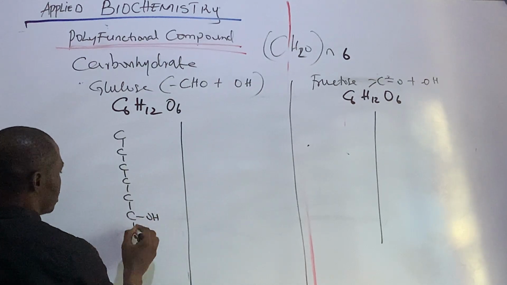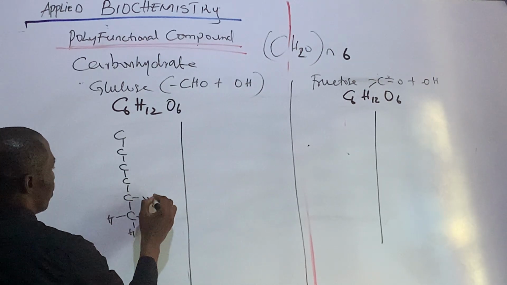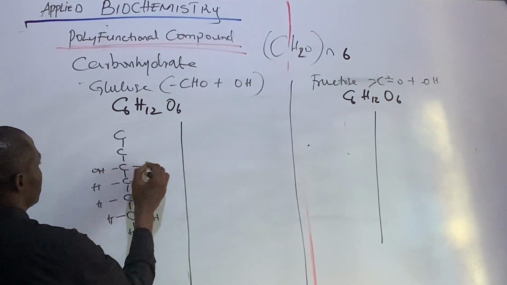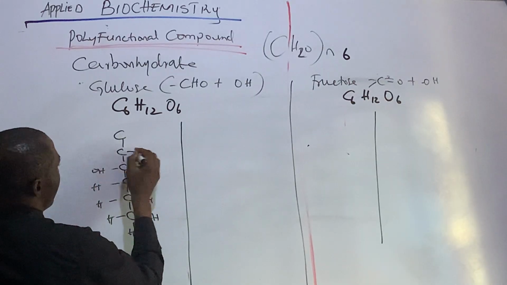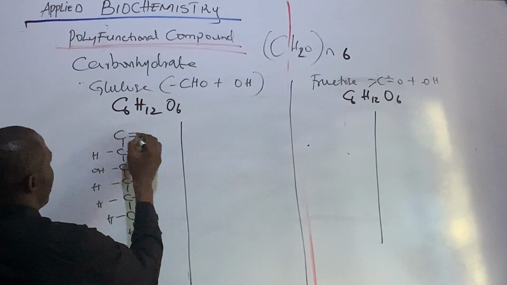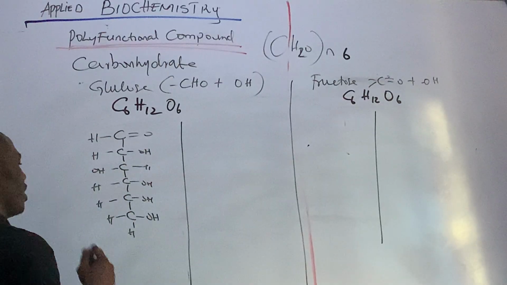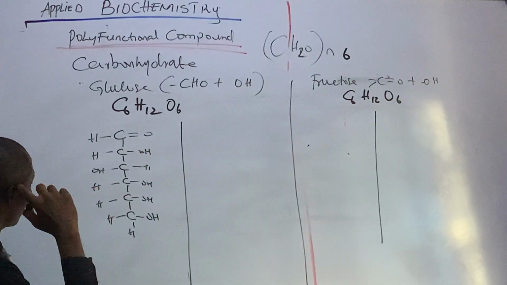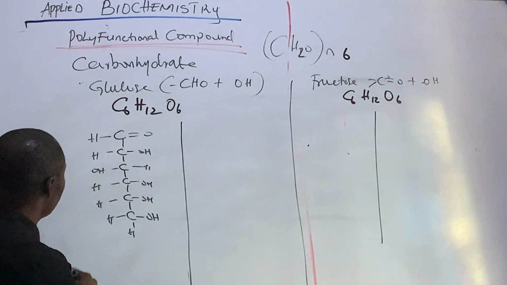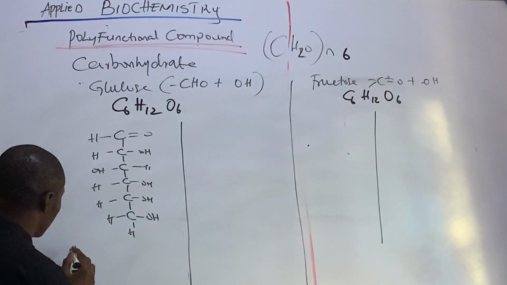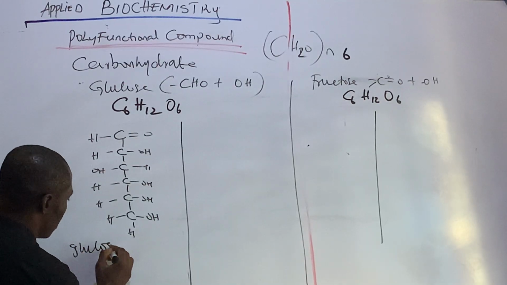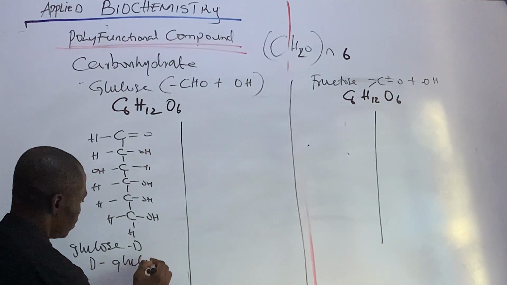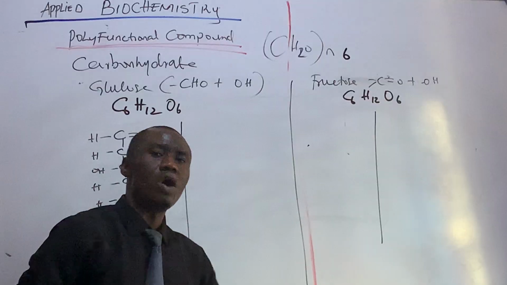So I have OH, H, H, OH, H, OH, H, OH, H, and then over here I have OH, and I have H, and I have double bond O, and I have H. Now, because the Fischer projection is a straight chain glucose, it is known as the D-glucose, or glucose D. All right, glucose D or the D-glucose.